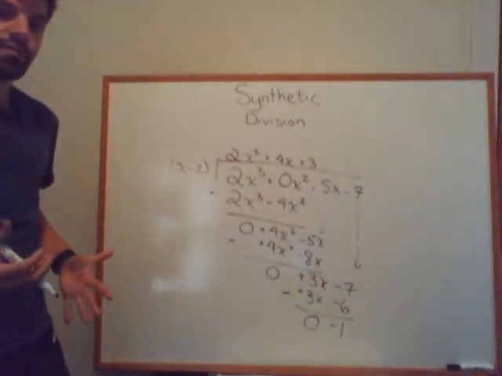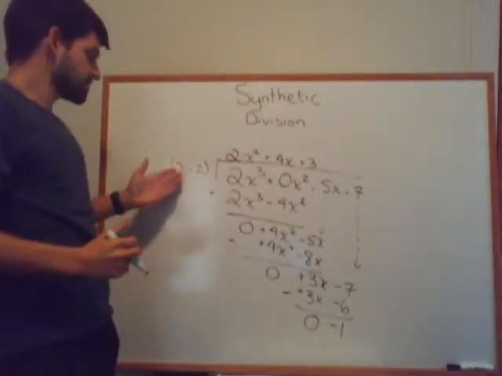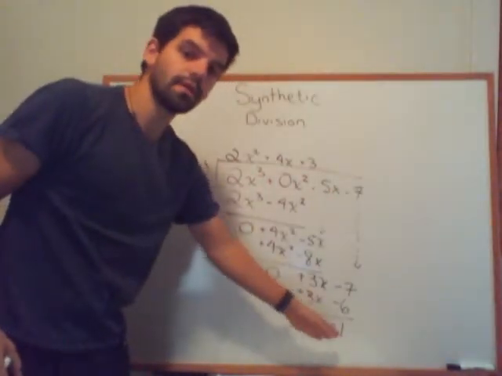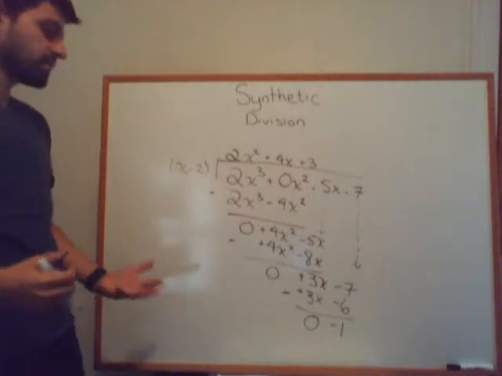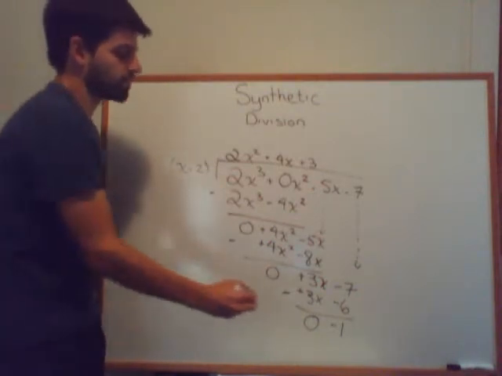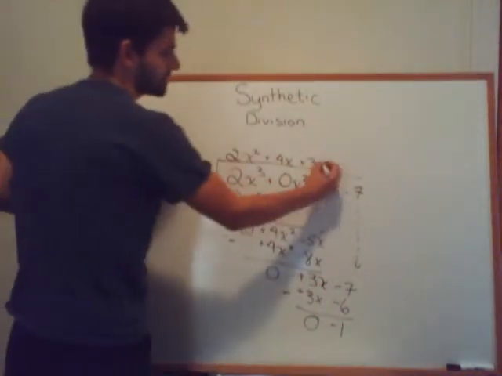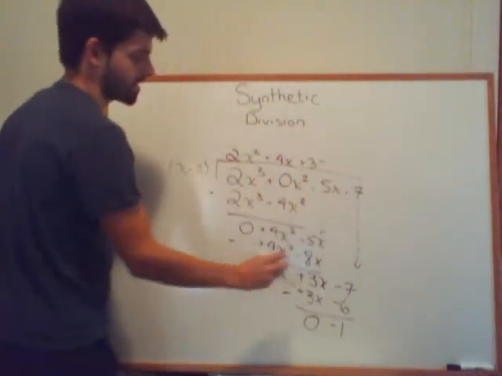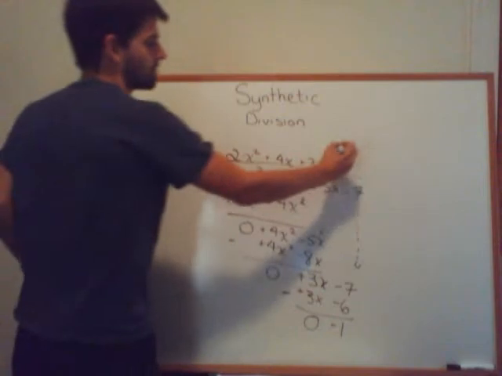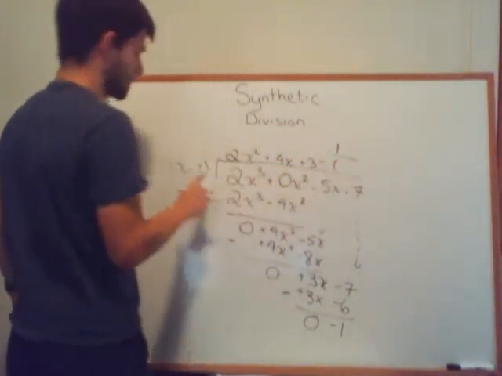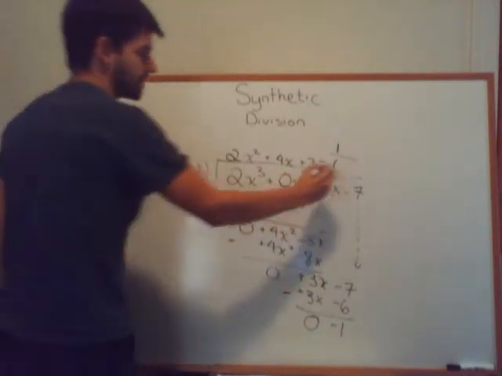Now again, we're at that point where x minus 2 can't fully go into negative 1. So we have determined that we do have a remainder here. So again, we're going to take the sign on the value, which is a negative sign, and then we're going to have the remainder of 1 over the quantity of our original divisor, so x minus 2.